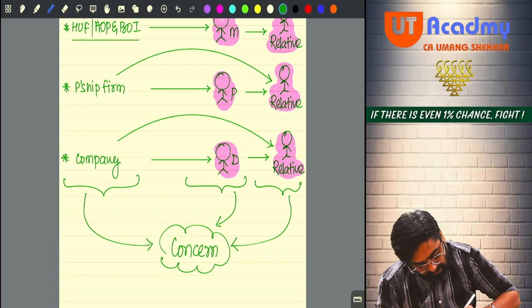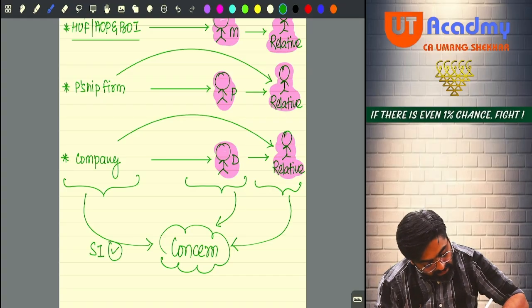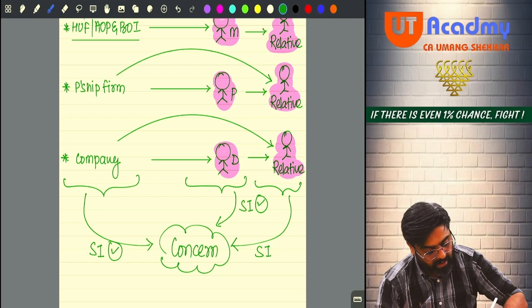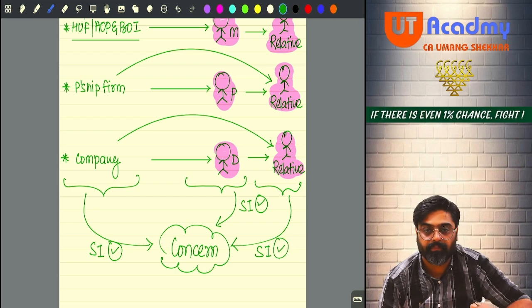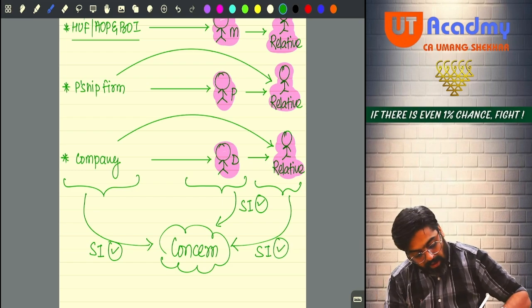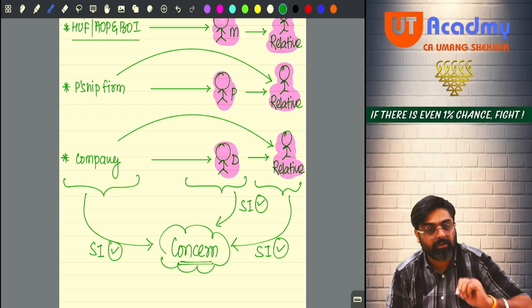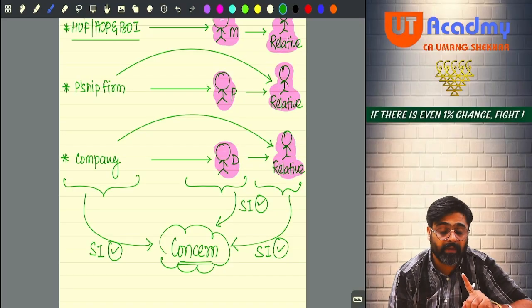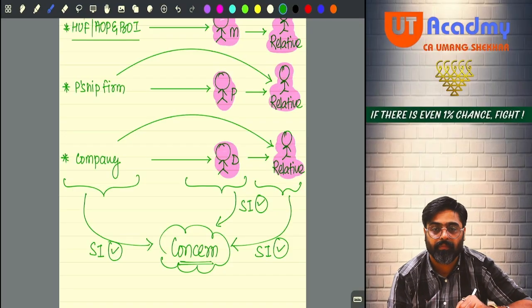So, who is having a substantial interest? Either the assessee, or any member, partner, or director of the assessee, or any relative of such member, partner, or director can have substantial interest over here. Got it? So, any payment made to this concern also should be within the limits, should be reasonable.